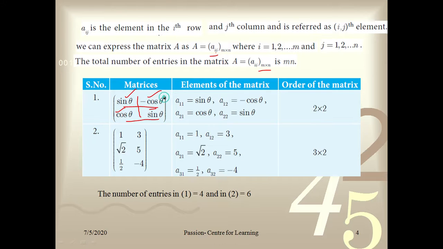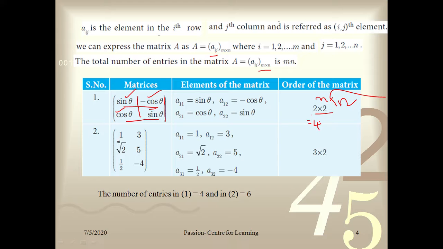One column and the other column, so totally two columns. Therefore, the order of the matrix is m into n, that is 2 cross 2. So totally how many entries? 2 into 2 is 4. So there should be 4 entries in your matrix. So 1, 2, 3, 4.